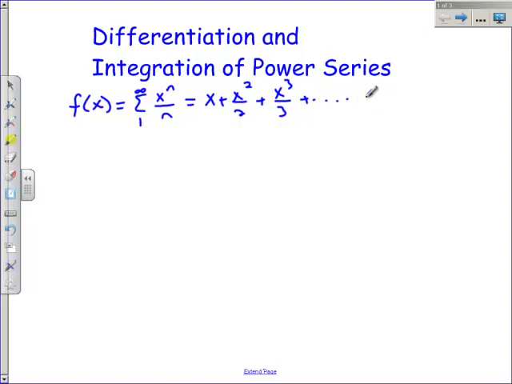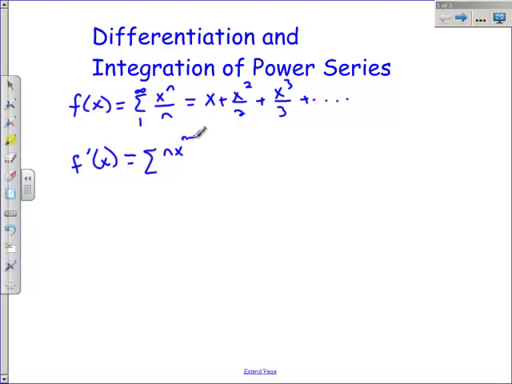And so what I want to show you is that you can get an expression for f prime of x actually very simply. My expression for f prime of x is going to be summation, and let's look at our power series here. The way we take the derivative with respect to x is all we do is we take a look at the exponent that's on the x when we bring it down in front, right?